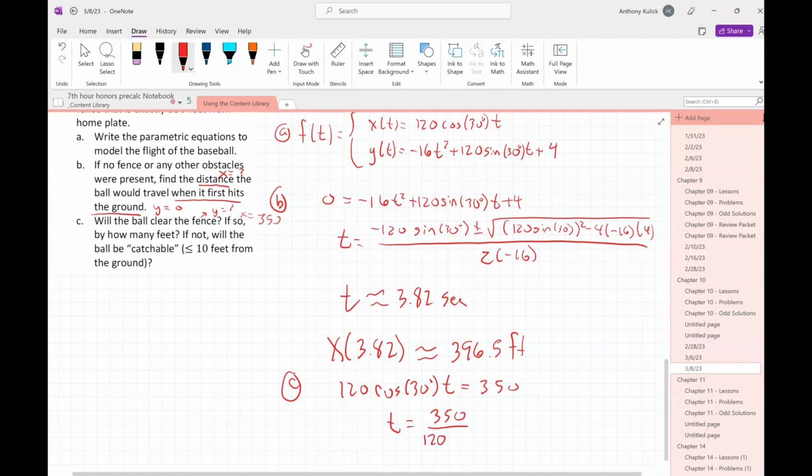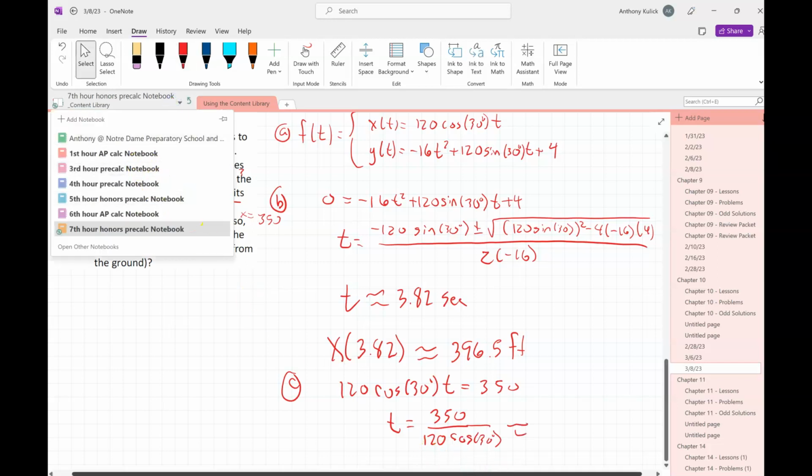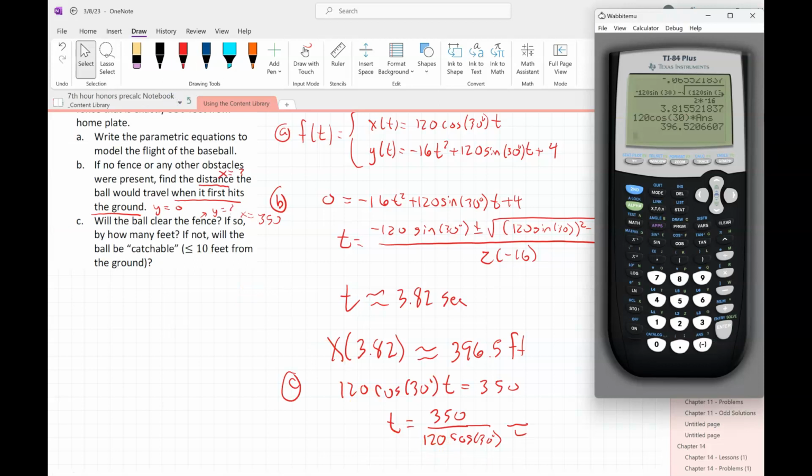That's just a linear equation, so I can divide both sides by 120 cosine 30. I'll type that into my calculator. The number I'm expecting should be less than 3.8, because I would expect the ball to be going past the fence if the fence isn't there. So 3.68, that sounds pretty good to me.